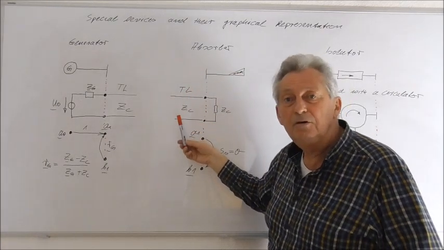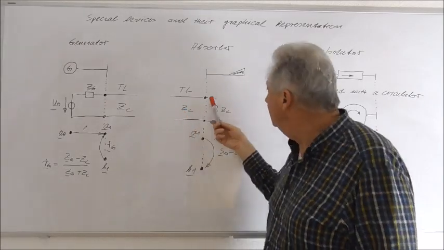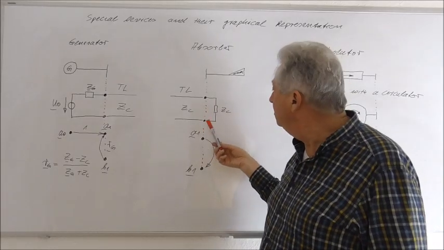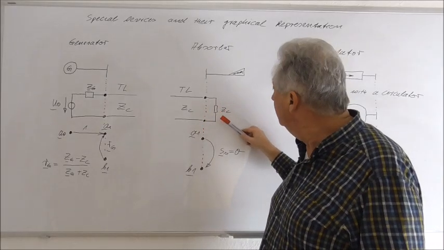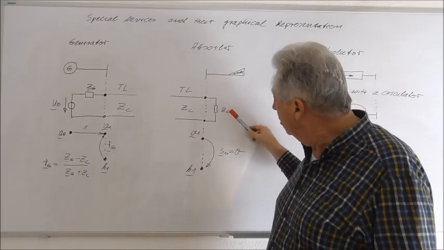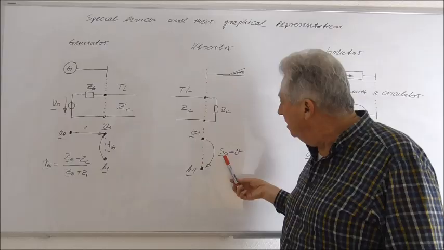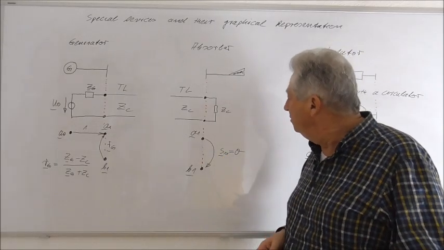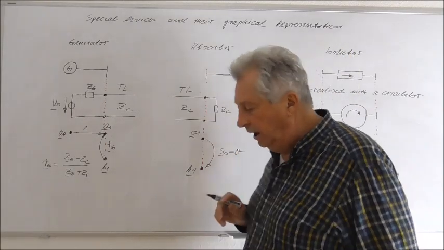We have a transmission line with a characteristic impedance ZC, and this transmission line is terminated in its characteristic impedance ZC. So as a result, in the ideal case, the S parameter S11 of an absorber is 0.